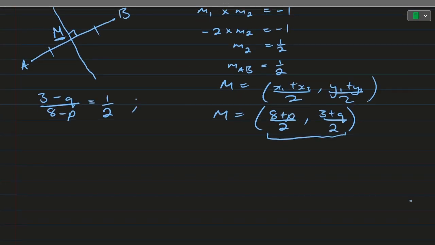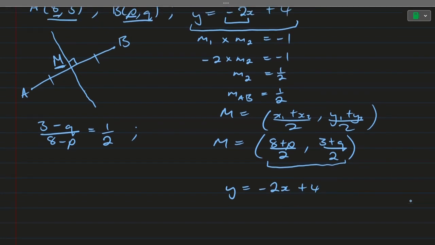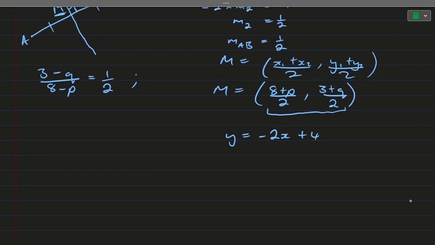So our equation of the perpendicular bisector is y equals -2x plus 4. We can substitute x with 8 plus p over 2 and y with 3 plus q over 2. So it would become 3 plus q over 2, that's y, is equal to -2 times 8 plus p over 2 plus 4.